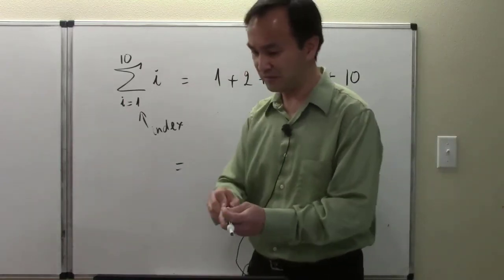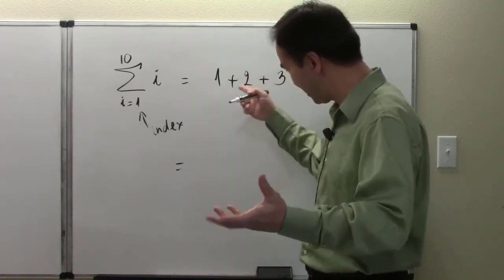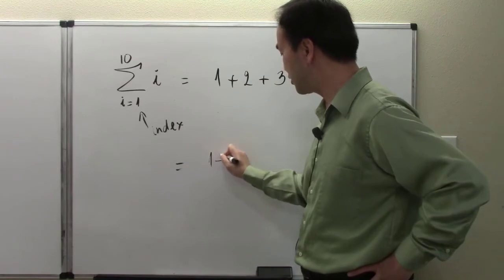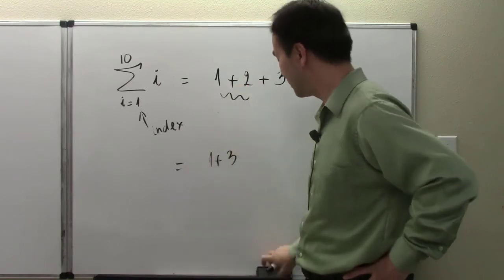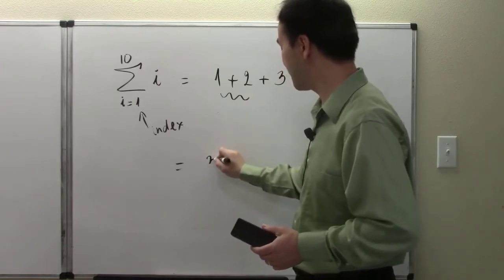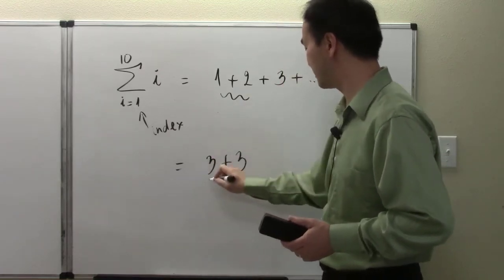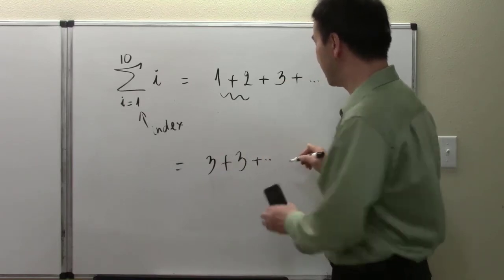To illustrate the idea, if we are really adding, then 1 plus 2 gives me 3, and then 3 plus the next 3 gives me 6, and then keep adding.